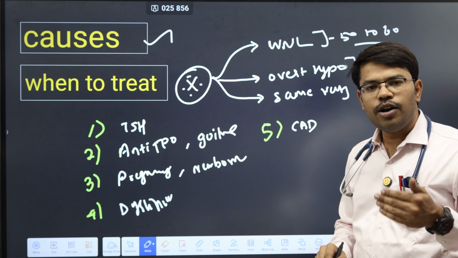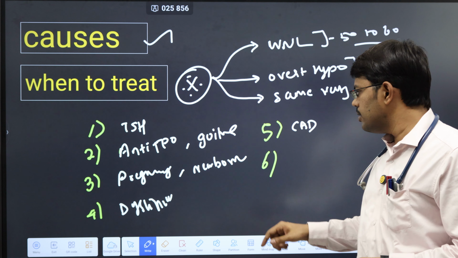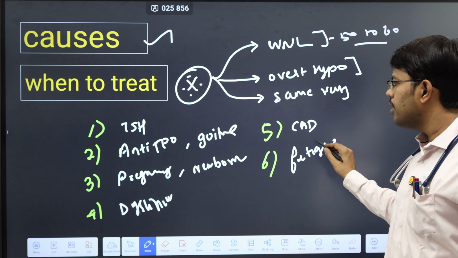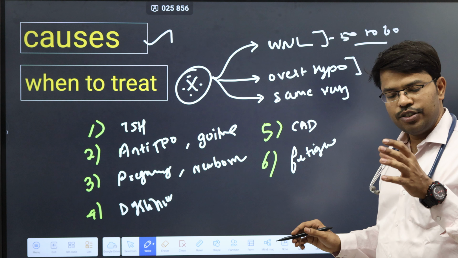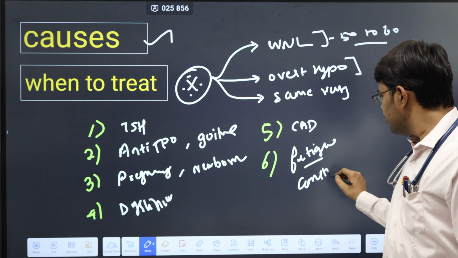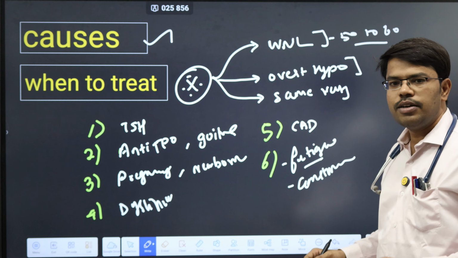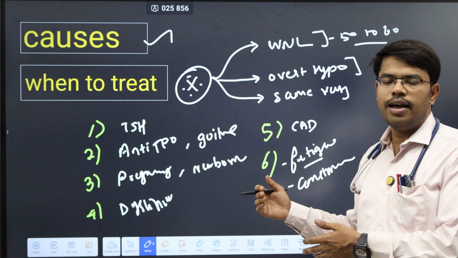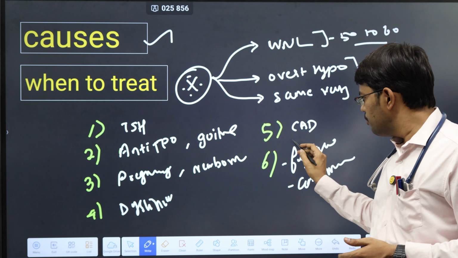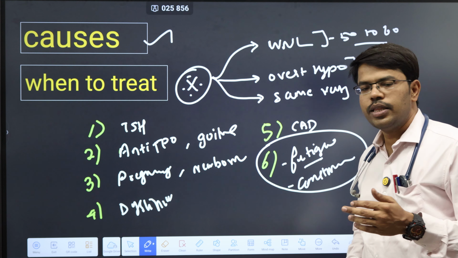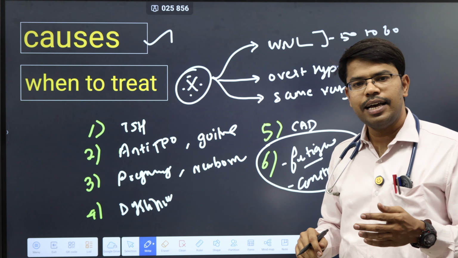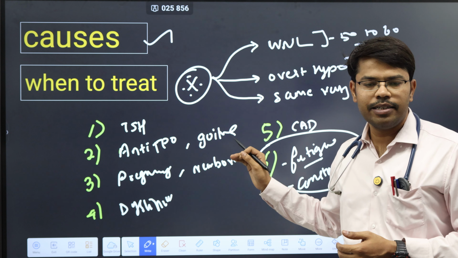If the patient is having gross symptoms related to hypothyroidism like fatigue, after all other reasons are sorted out, like if anemia is not there and the patient is having fatigue, constipation, and all other features of hypothyroidism, after ruling out other etiology, if the patient is having significant complaints of hypothyroid symptoms, the treatment has to be started. If you think the CAD risk is high, or the patient is having multiple other comorbidities, the treatment has to be started.